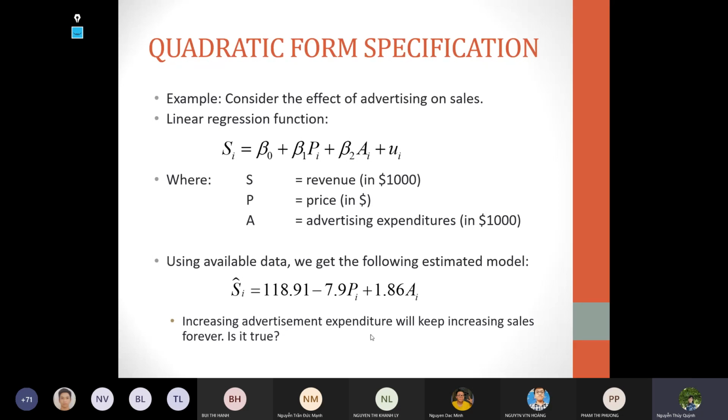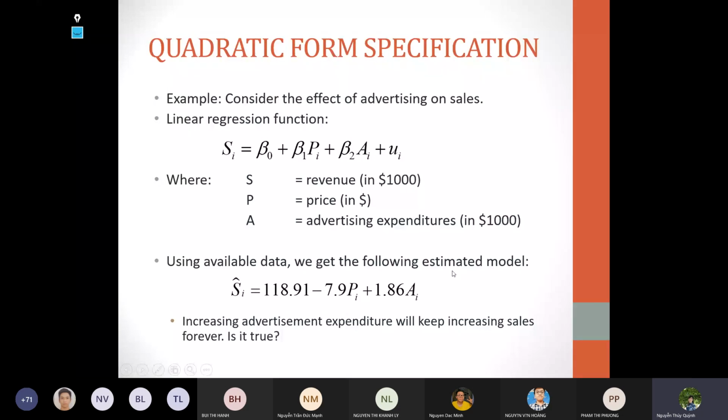This function is the population regression model that shows the linear relationship between advertising and sales. If we have data for revenue, price, and advertising expenditures, we can get the estimated model.